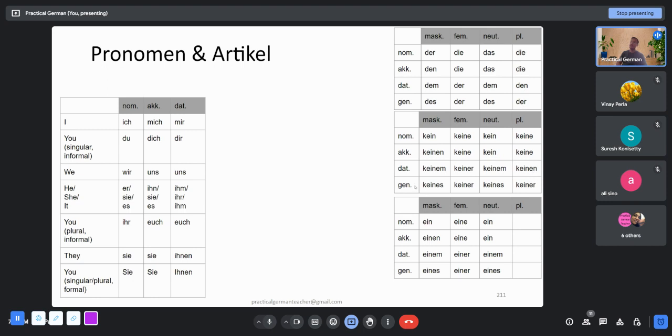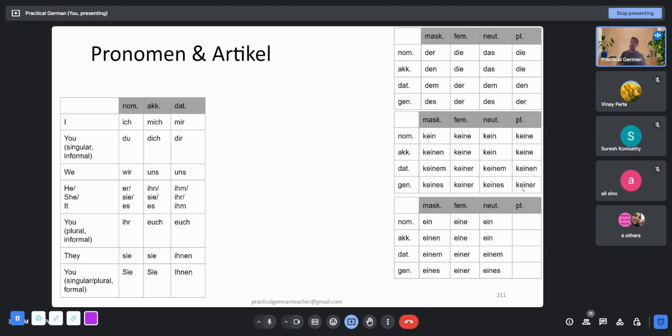Genitive case, okay? Same logic. Des, eines. So keines, right? Same. Feminine and plural genitive is the same. Der, einer. Okay, here you don't have it because it does not exist, but you can apply the same logic for negations article in genitive case: the feminine and plural will be the same.